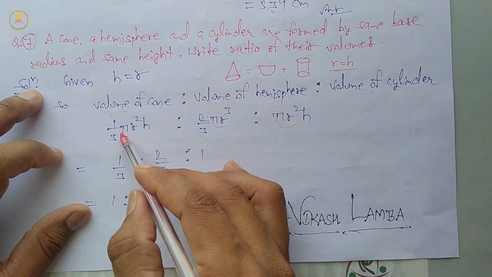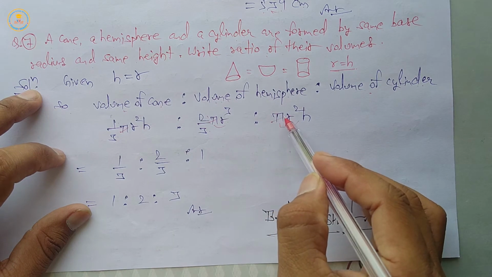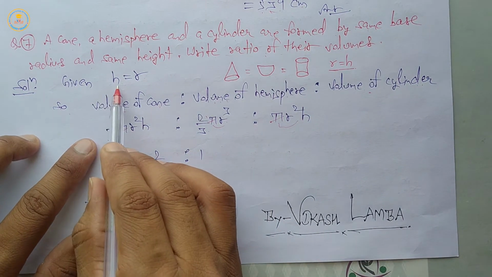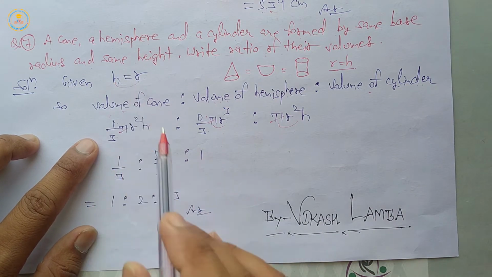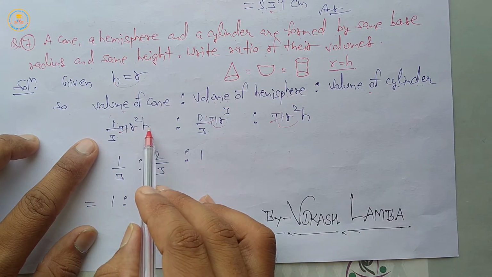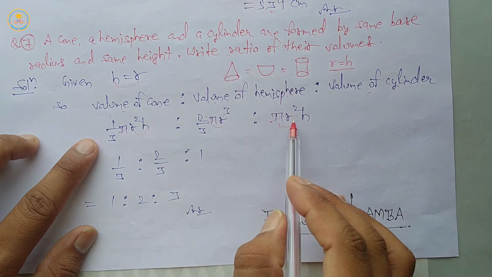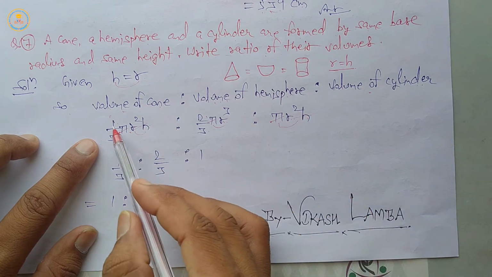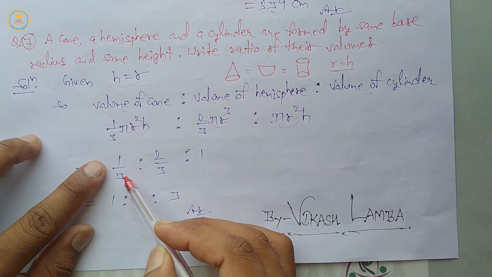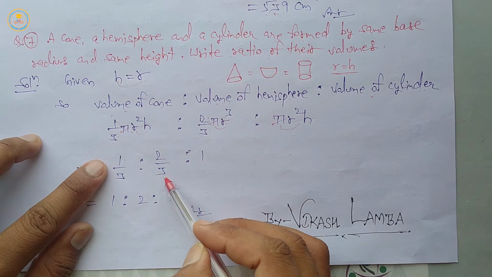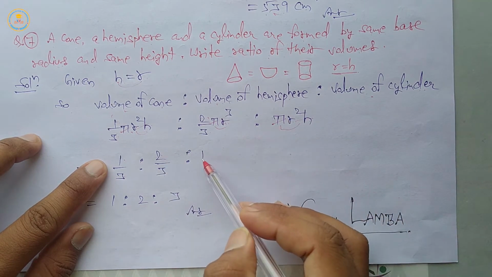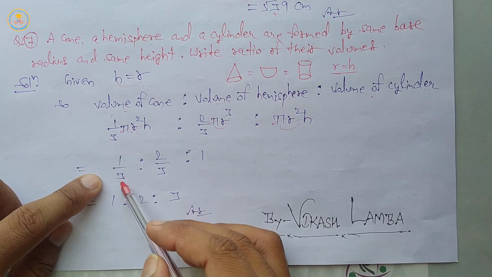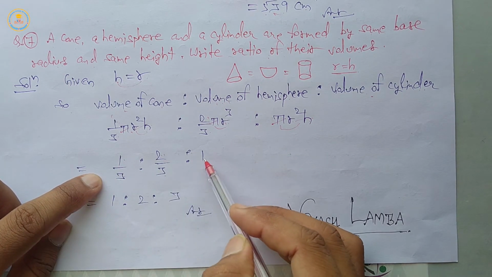Okay, now pi and pi common part cancel out, and h equal r means r square into h, r cube. Cancel out. Remaining part is 1 upon 3, 2 upon 3, and 1, ratio. Okay, 1 upon 3 ratio 2 upon 3 ratio 1.